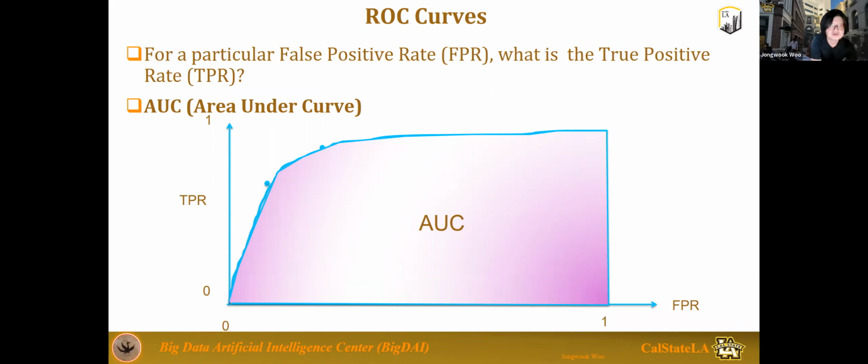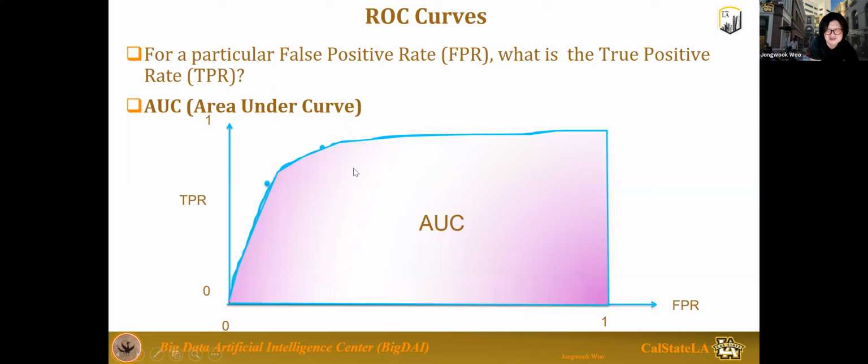Again, this is the ROC curve, but you can also say this is the area under the curve. This is between 0 to 1 and 0 to 1. So if the area is 1 times 1, that is 1, that is perfect.